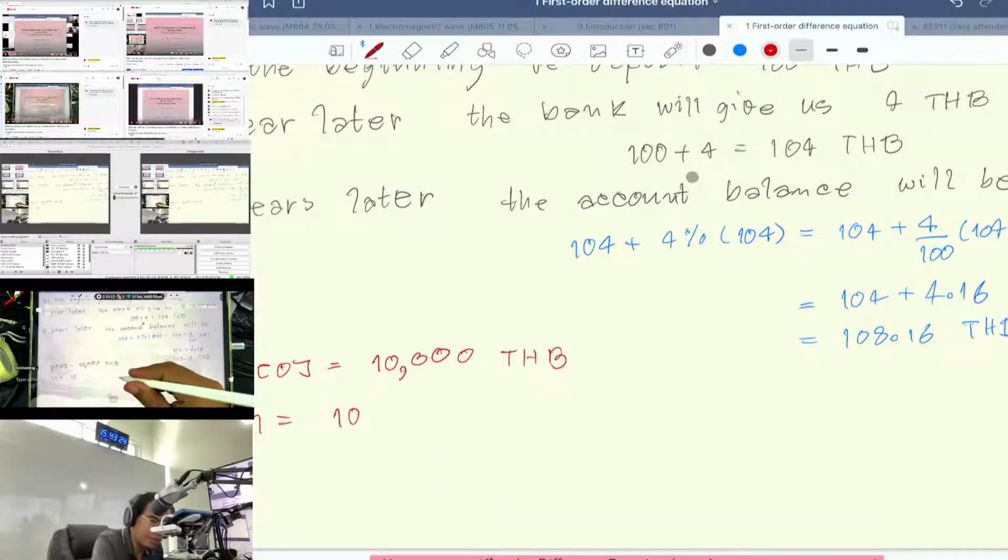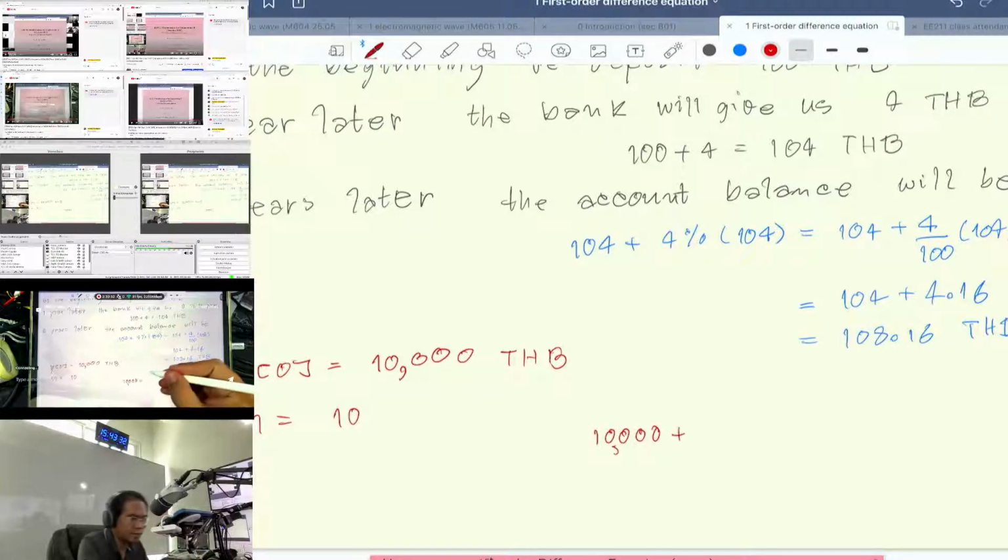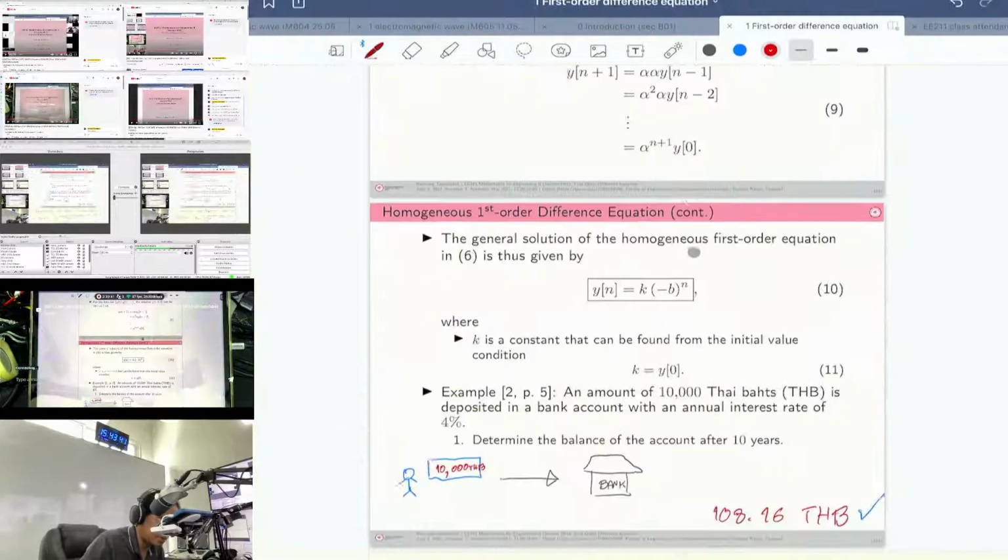After the first year, you have 10,000 plus... oh no, we need to draw the difference equation, right? We have to express the difference equation.